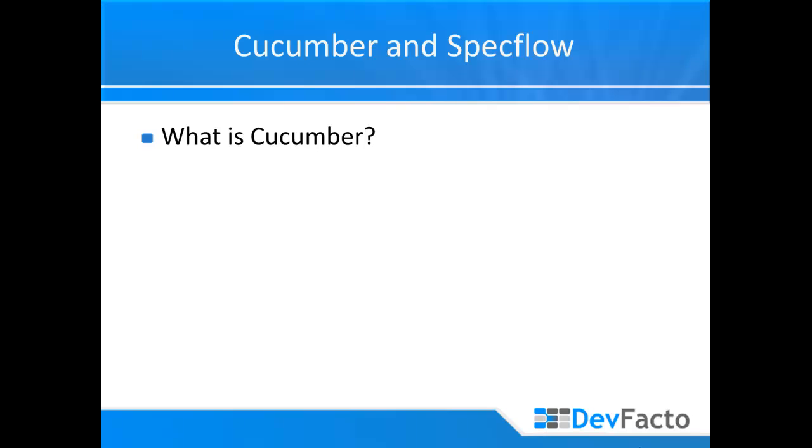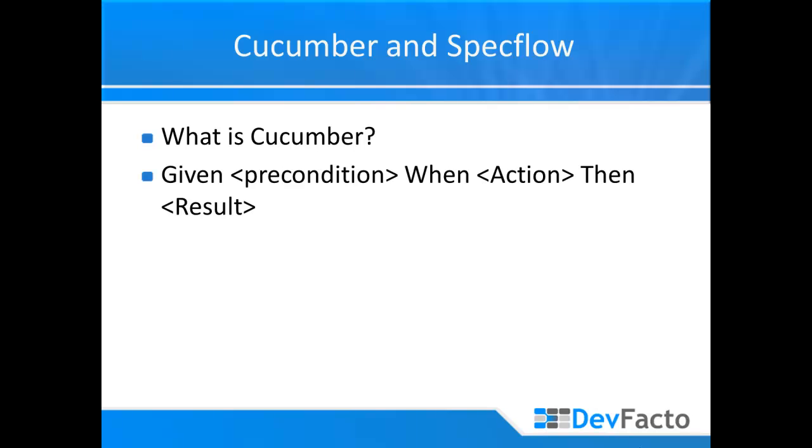And so just as one might use a certain set of language, for example, in the programming world to help facilitate communication, in the requirements world, we're going to use Cucumber to do the same thing. So what does Cucumber look like? Well, this here is an example of a Cucumber statement. Given a precondition, when an action is performed, then I should have this result.